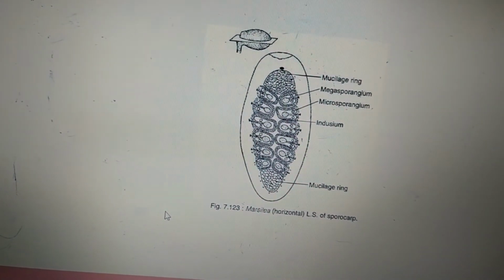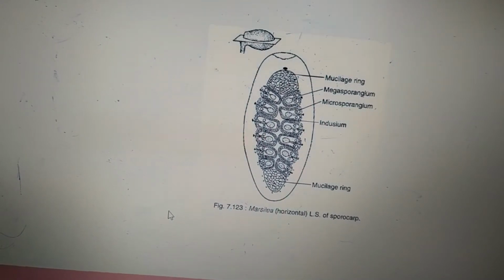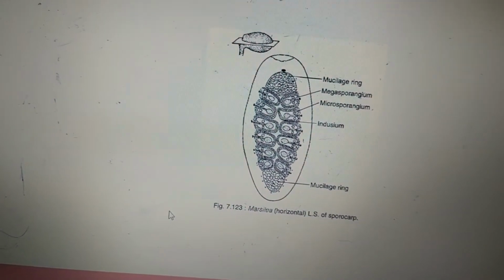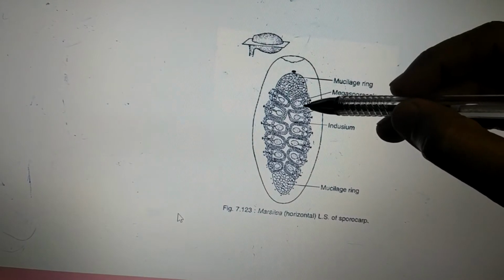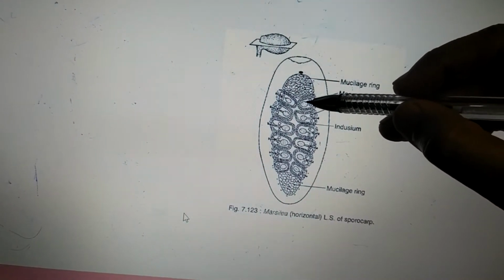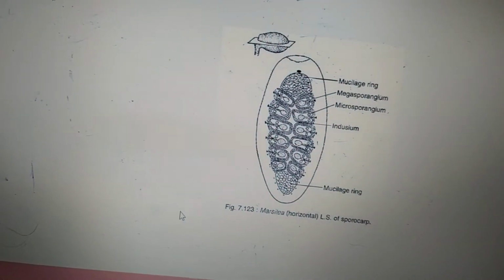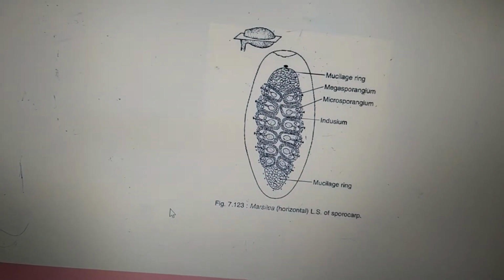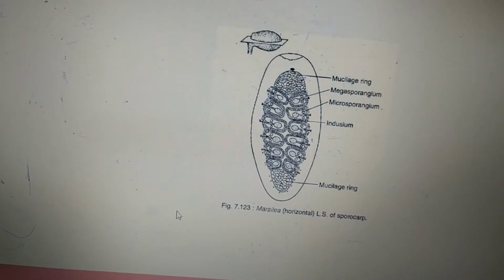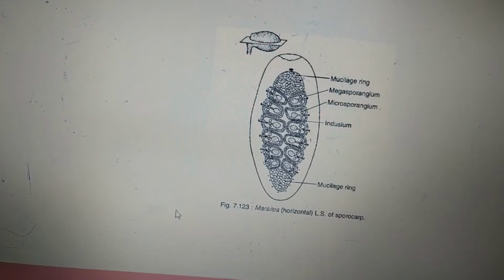So the initial cells of the micro as well as megasporangia are formed sideways for micro, and at the tip for mega. So the initial cells for megasporangium and microsporangium are formed at the top and at the sides of the receptacle respectively.